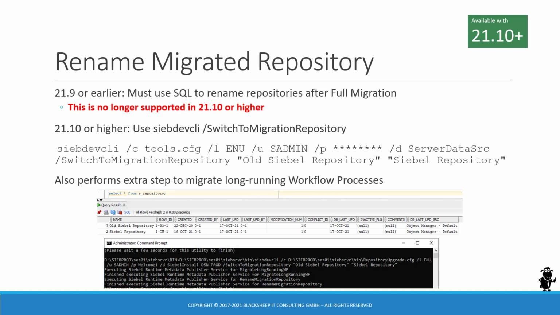Then you use the new command line switch, and then you provide the new name of the Siebel repository as the first string parameter, and the second string parameter will be the name of the migrated repository. So after the full migration, you have a Siebel repository and a migrated repository. And after running this command line, they will be essentially renamed, as shown in the screenshot, to the strings that you provide.